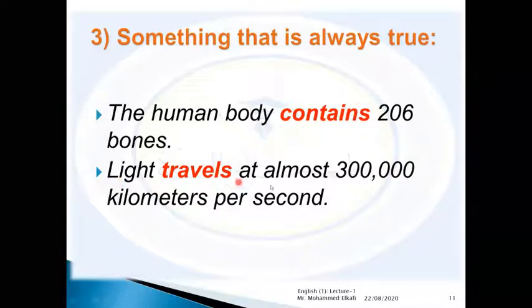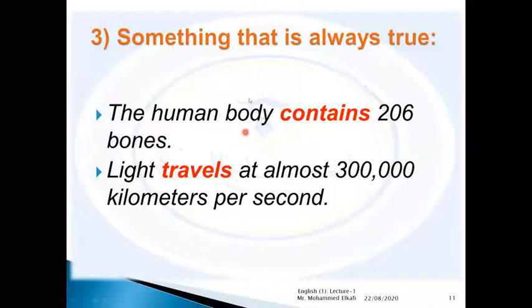"Light travels at almost 300,000 kilometers per second." Travels, in the form of light, means it. It travels, verb plus s. Why? Because light is replaced with the subject pronoun it, the same as with the human body.